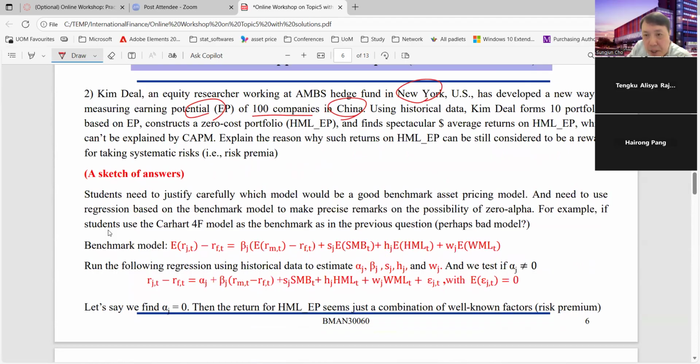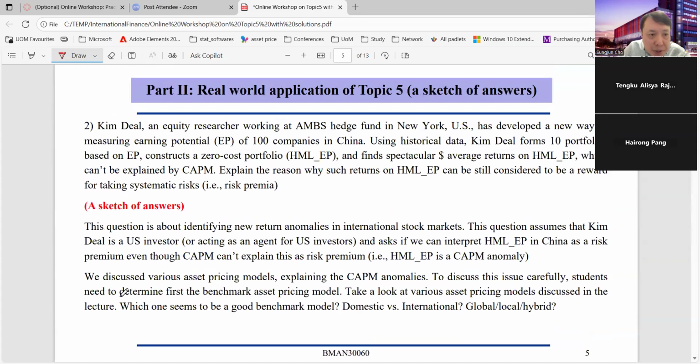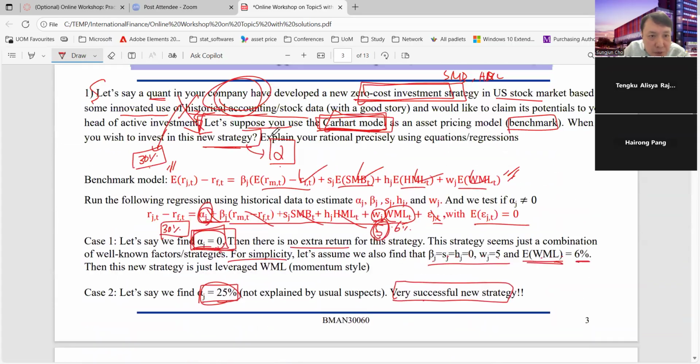Using historical data, Kim Deal formed 10 portfolios based on this earning potential, constructed a zero-cost portfolio, high minus low earning potential, and found a spectacular dollar average return on HMLEP. And he says, this is a new strategy. We need to use it. Let's say you are the head of the hedge fund, and Kim Deal is the researcher under your supervision. How do we know whether this is a new strategy? The question is something like this one.